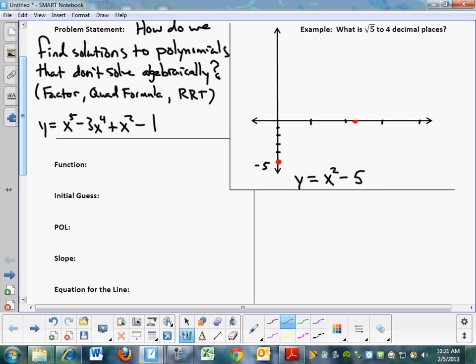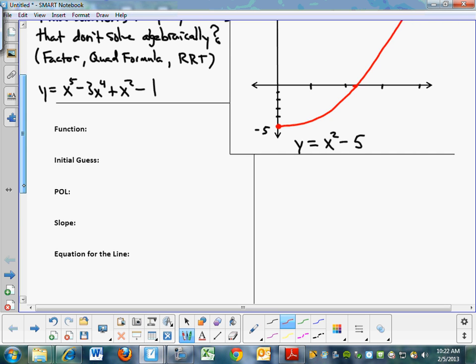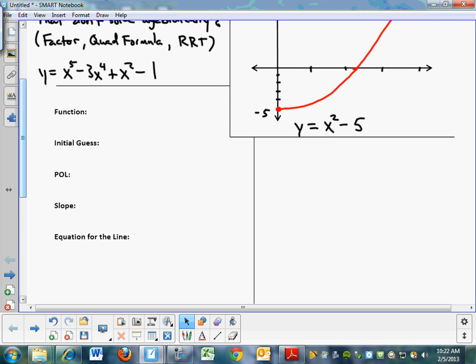Somewhere right about here. So I'm going to kind of draw my parabola like so. And Newton recognized that all irrational numbers end up being solutions to some type of polynomial. So if he wanted to estimate the square root of 5, he would first think about y equals x squared minus 5.